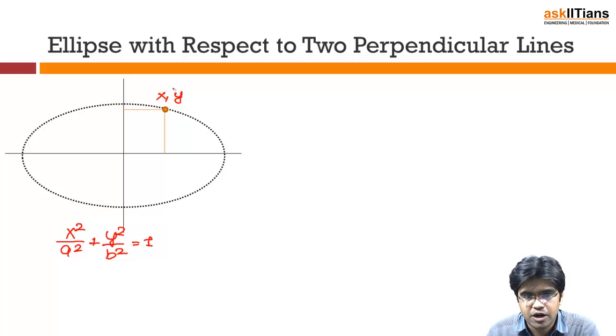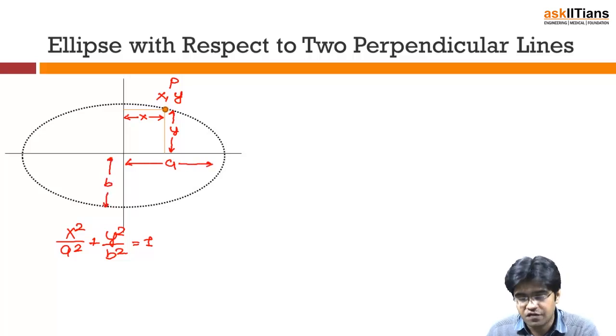If this is any point P, then x is the perpendicular distance of that point from one of the lines. Y is the perpendicular distance of that point from the other perpendicular line. So this x and y are actually the perpendicular distances of the point from those 2 perpendicular lines. A square and b square have their usual meaning, that this is A and this is B.